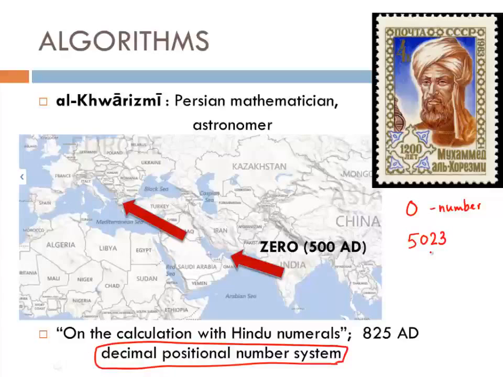The crucial thing in a positional number system is that the position of a digit in this representation, namely 5 is in the thousandth place, determines the value that it contributes to the number. And 0 is crucial for this because you need to say that a particular place does not contribute anything.